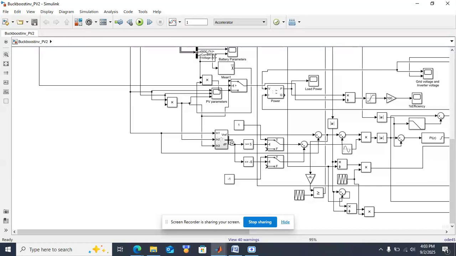That is, V reference will be generated from the MPPT, and dP is the change in power with that V reference, how much power is changed. If it is positive, that is greater than 5, that is considered as P1, and if it is less than -5, that is considered as P2. So if it is positive or negative, according to that the control signal will be provided as 1 or -1.